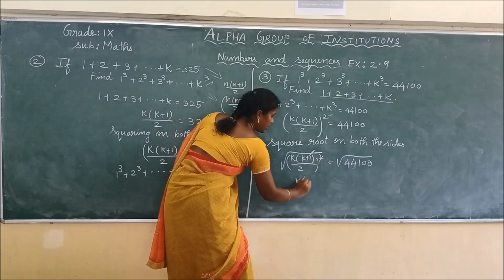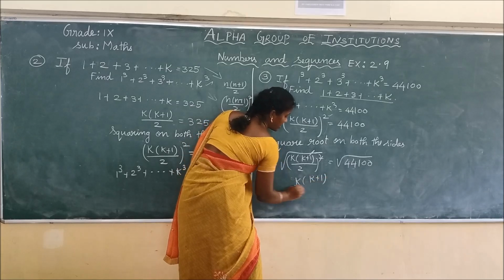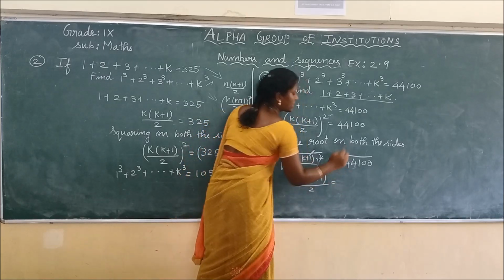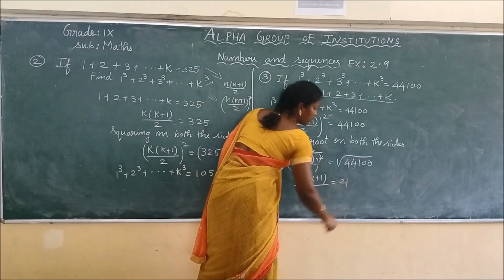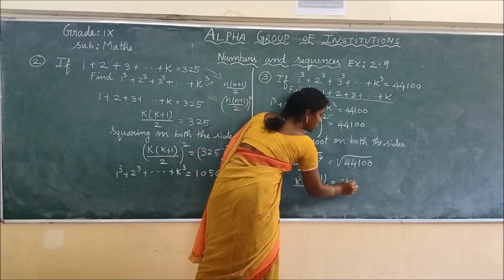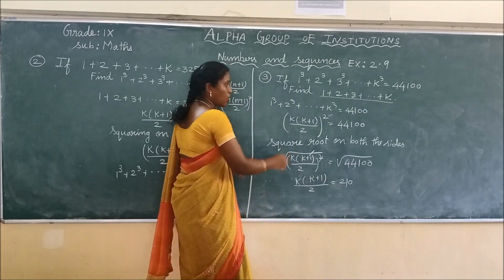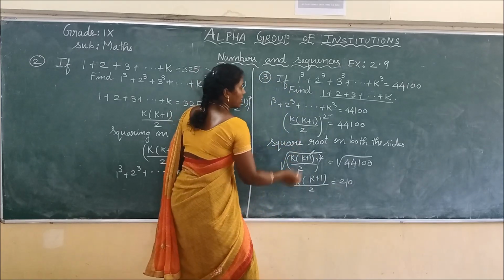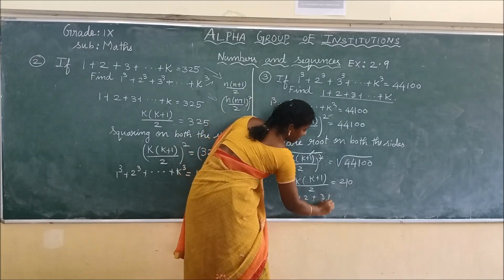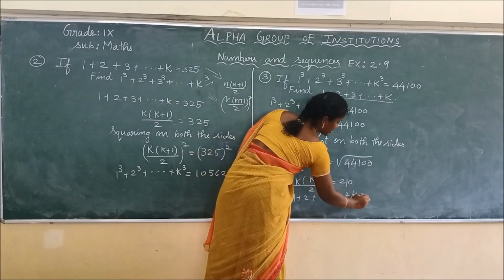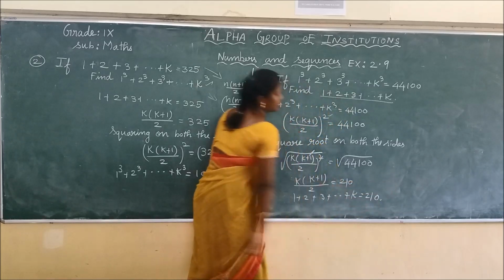The remaining is k into (k plus 1) by 2 is equal to the square root of the value. For 441 the square root is 21 and for the double 0 it is 1, isn't it? So we can rewrite this as 1 plus 2 plus 3 plus etc. plus k is equal to 210.